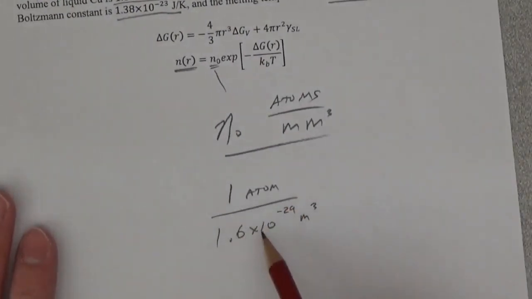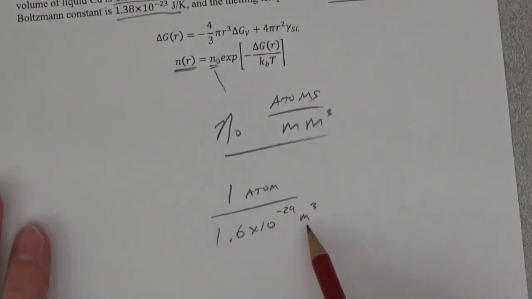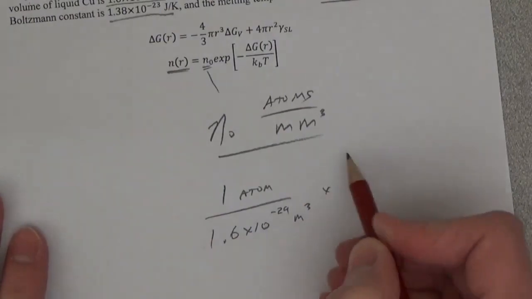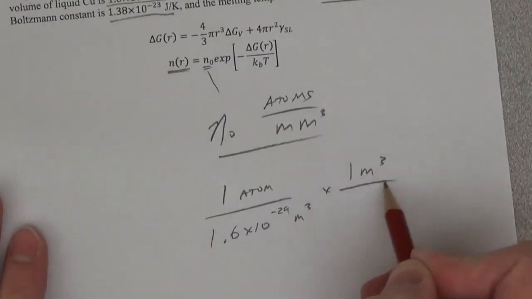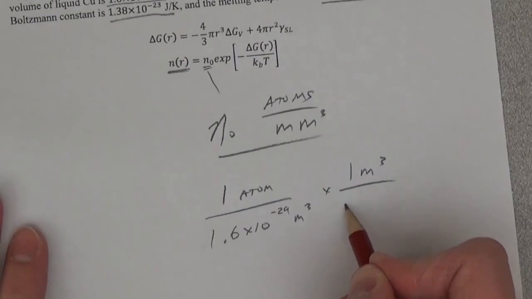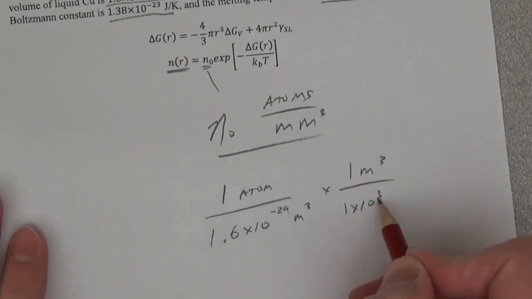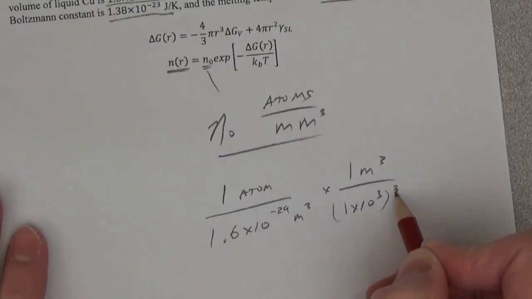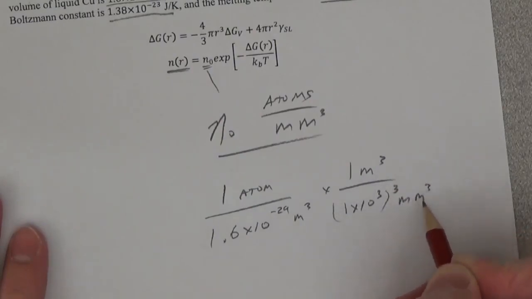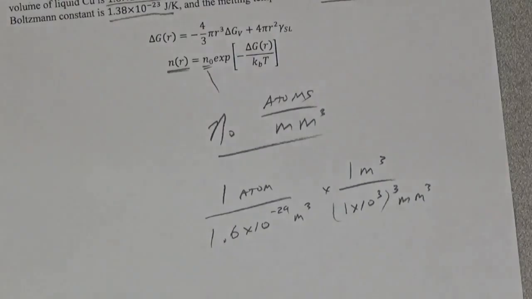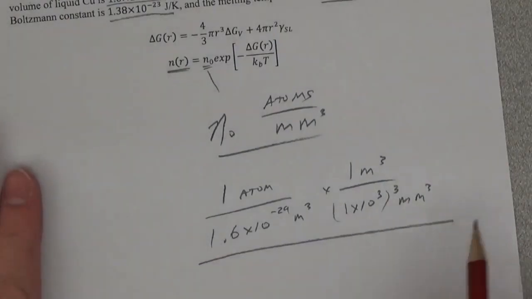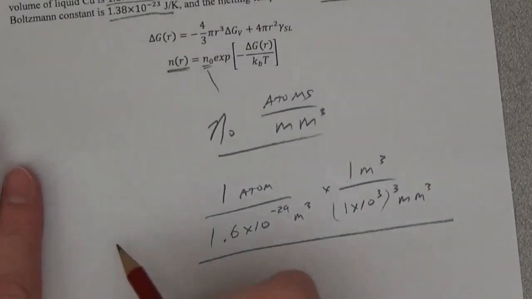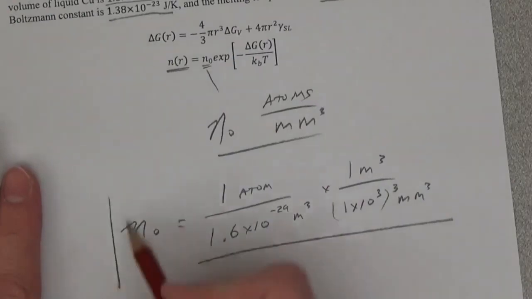So that gives you the volume of liquid copper in atoms per cubic meter times 1 cubic meter per 1 times 10 to the 3 millimeter, cubed. So that gives us N0.